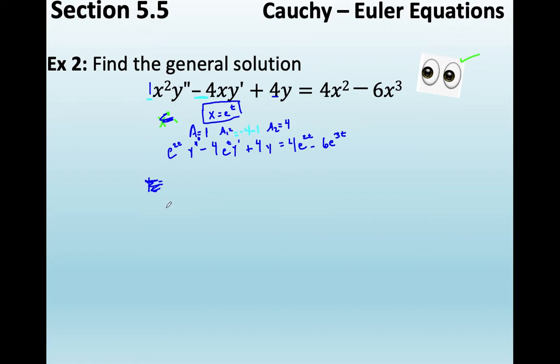So when I'm solving for y sub c, the complementary, equal to 0, I just have 1 r squared minus 5r plus 4 is equal to 0, since I'm doing the homogeneous one first.